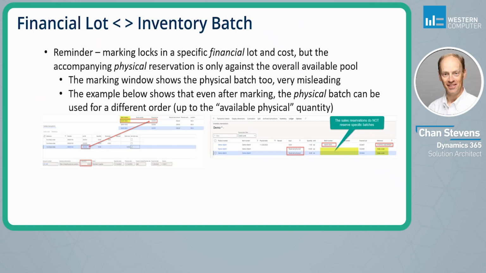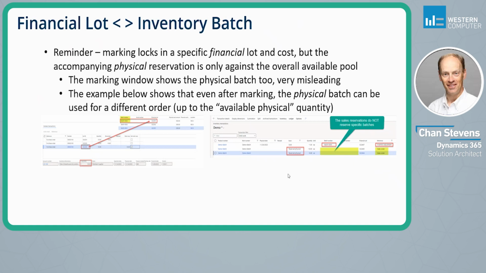I was only reserving the financial lot 22293 to mark the cost. So whoever grabbed that physical batch 003 used FIFO accounting, which would have been valued at $10 each, the first unit on the item. Okay?